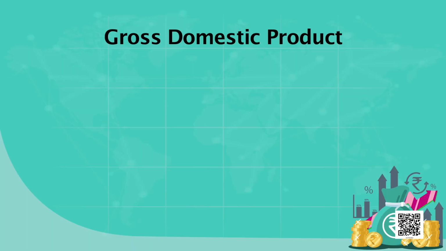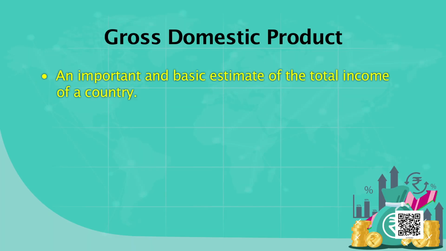Now we have come to understand that all the economic activities can be classified into three. And what is this term called GDP? The gross domestic product is the total value of goods and services produced in all the three sectors. All the final goods and services produced in a country in a particular year, 12 months, is called gross domestic product.